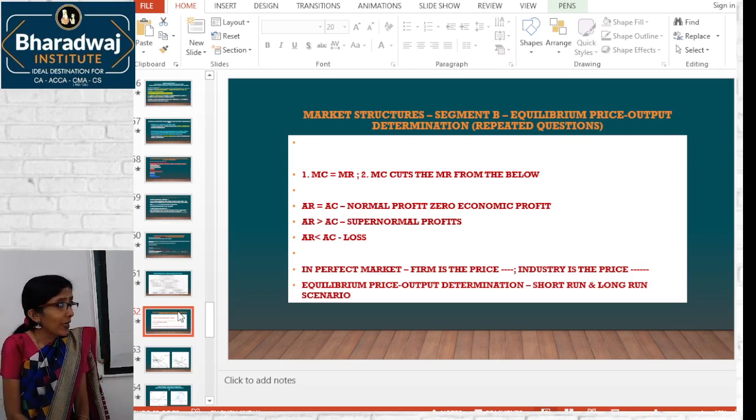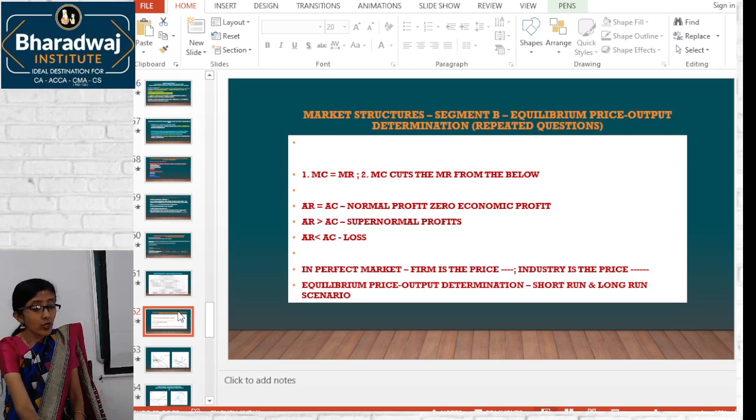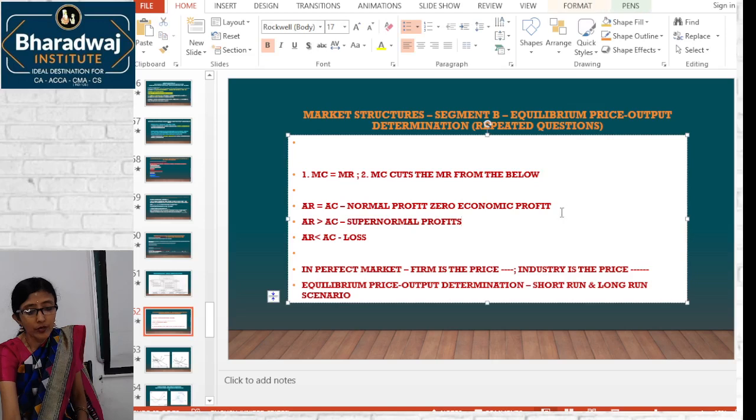Now, segment B. Look at segment B. These two equilibrium conditions and three situations of profit and loss, mark them as must-not-miss. This is very much important. Very important. Repeatedly asked.